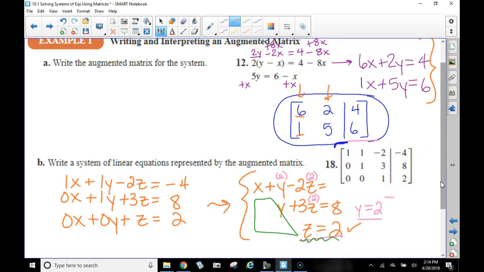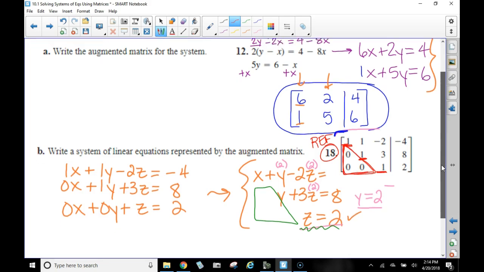This matrix on number 18 is in row echelon form. And the only reason it's in row echelon form is two things. We have leading ones in all the rows. That means the first number you see as you read the line as you would a line in a book, from left to right, is a one, a leading one, with a triangular array of zeros down below.